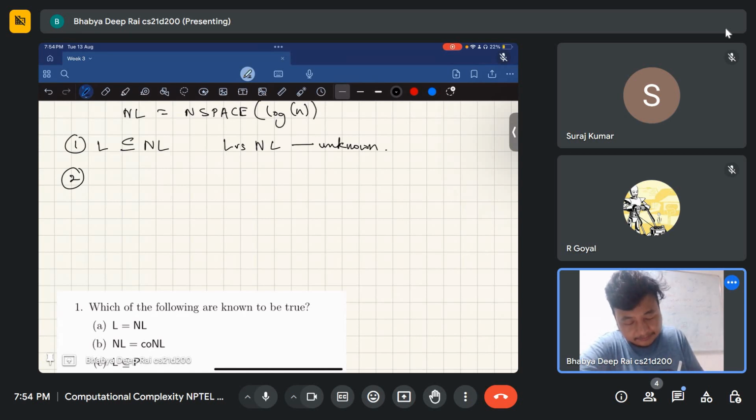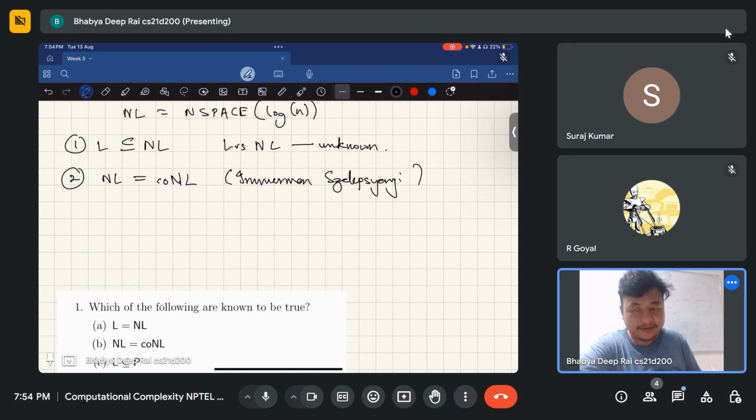And the next thing is NL is equal to co-NL. Now this is a huge result which is called the Immerman-Szelepcsenyi theorem, which says that like NP and co-NP we don't know the difference, but NL and co-NL we know.